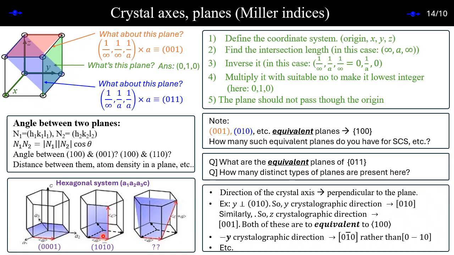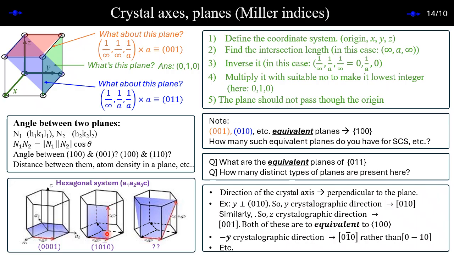Do you agree that along A1, it is intersecting at this point A? Agreed or not? Along B, is it intersecting anywhere? Infinity, right? It is not intersecting. Along A3, this is this direction, right?